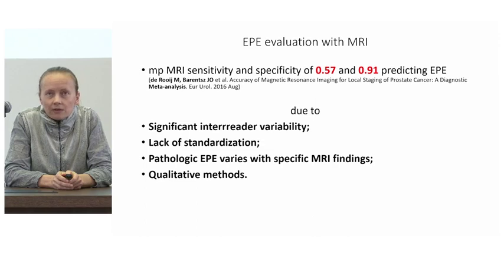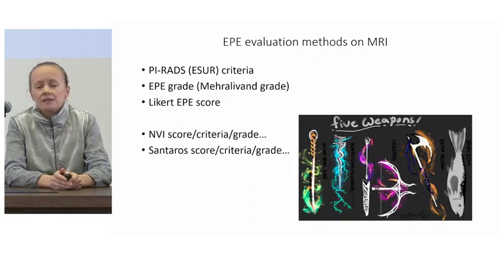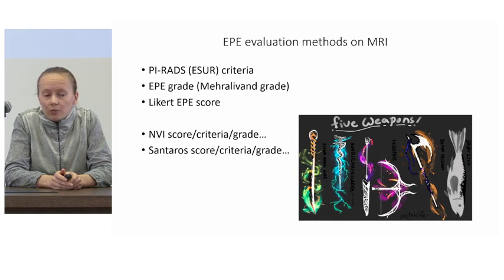That's why we will talk about scales and grades, like the already known PI-RADS or BI-RADS and so on. And these grades and scales are our weapons in our pocket.